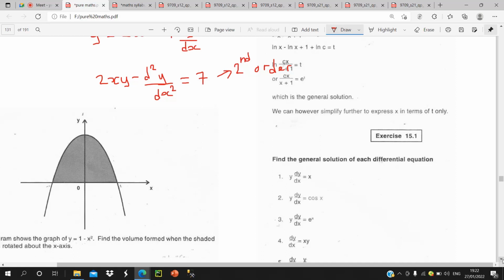And at this stage we have what we call a particular solution.